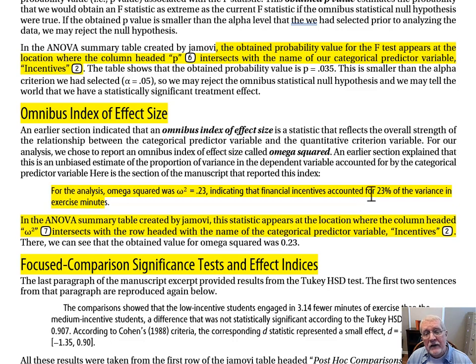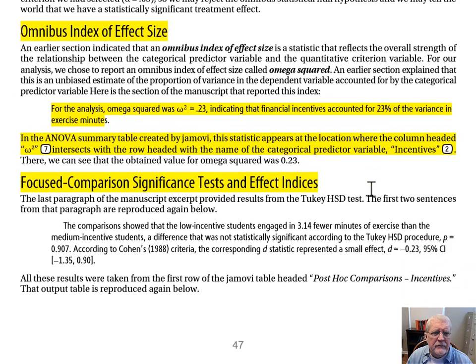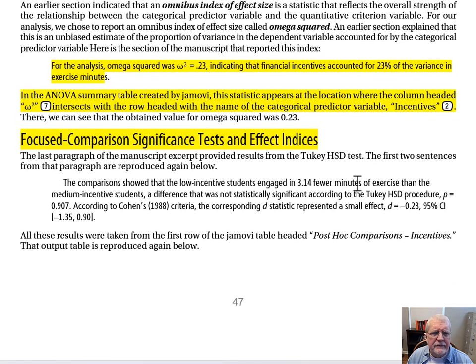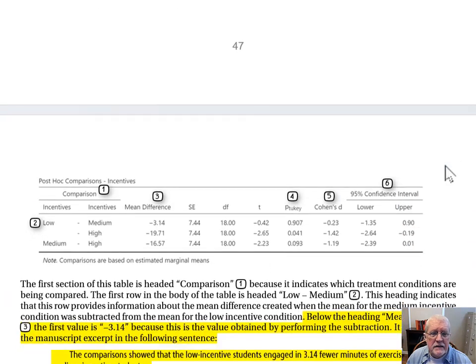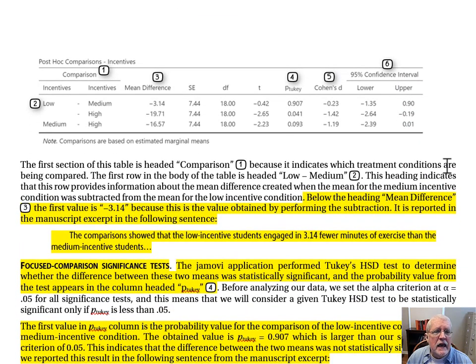And how big was that focused comparison treatment index of effect size? So, bottom of page 47, we begin this section, focused comparison significance test and effect indices. Here's the same table presenting post-hoc comparisons that I referred to earlier. Let's see how I wrote those up in the manuscript.